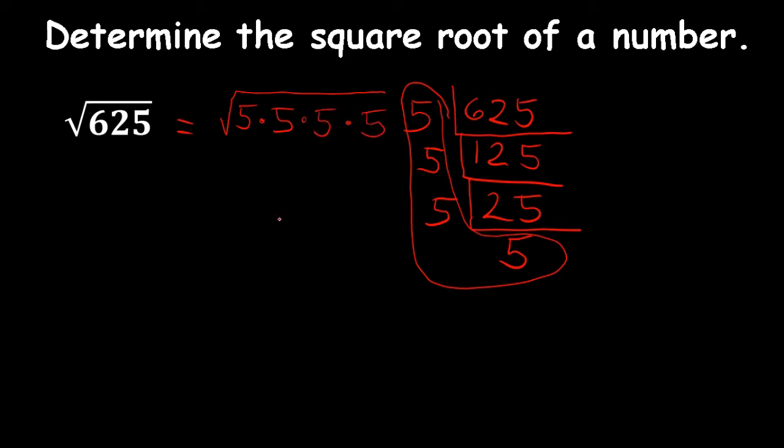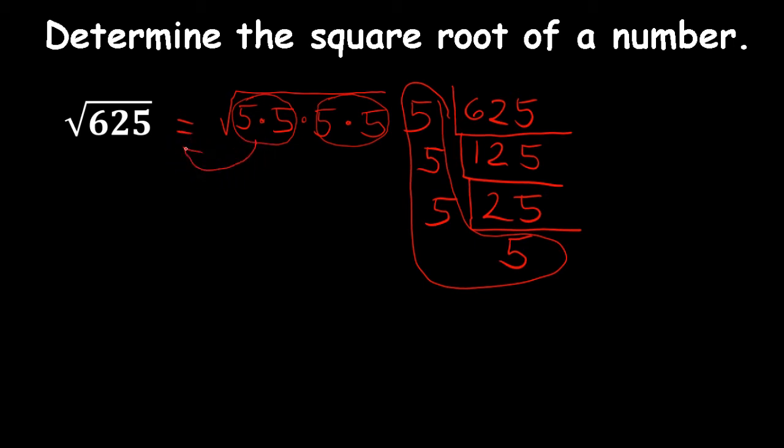Then let us find out if the number has its pair. 5 and 5 here is one pair, another 5 and 5. If the number has its pair, they can go outside of their house.